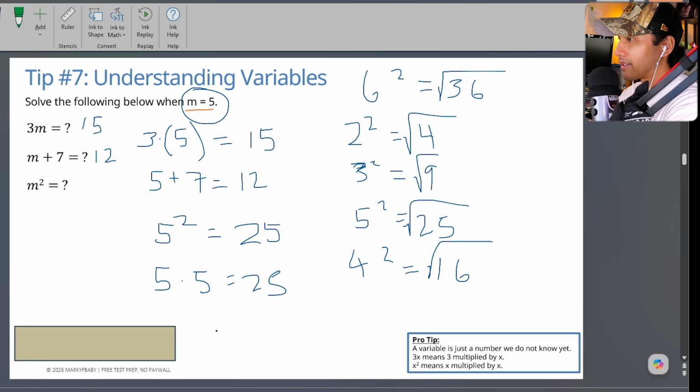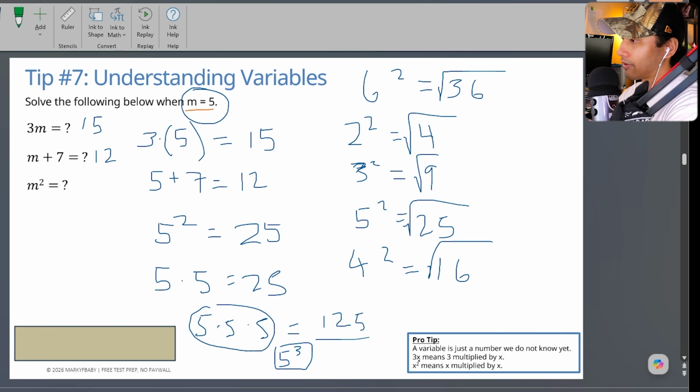Okay, and to go a step further, 5 times 5 times 5 equals a value, but this right here is 5 cubed. All right. And then you do 5 times 5 is 25. 25 times 5, that's 125. Okay. Perfect.